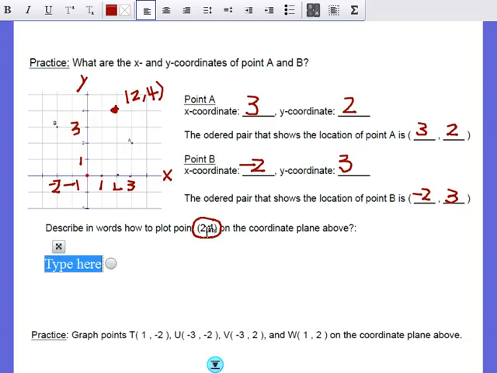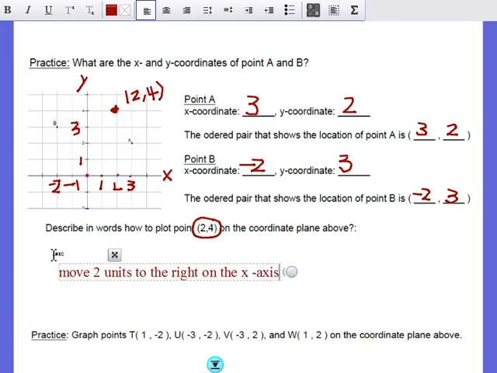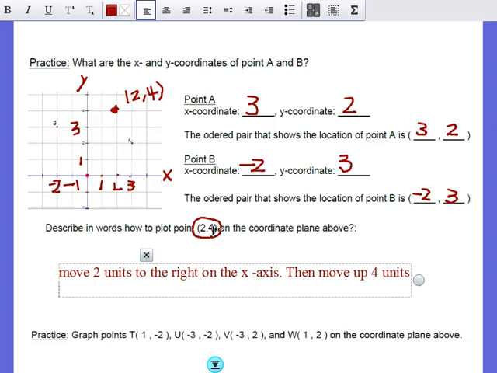Since the x-coordinate is 2 and it's a positive 2, when you're plotting it, you're going to start on the x-axis and you're going to say move 2 units to the right on the x-axis. Then, since the y-coordinate is positive 4, you have to move up or down, but it's positive, so you're going to move up 4 units on the y-axis.